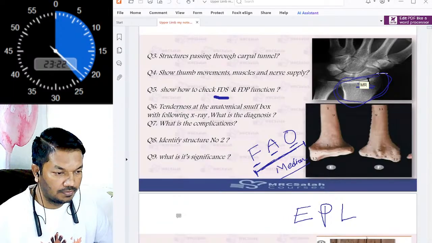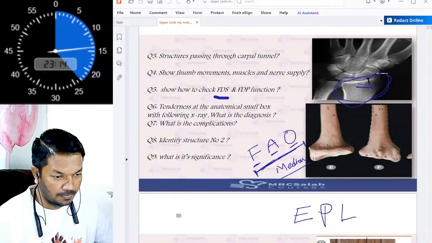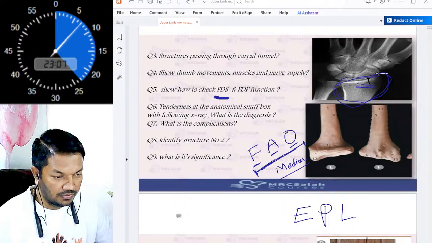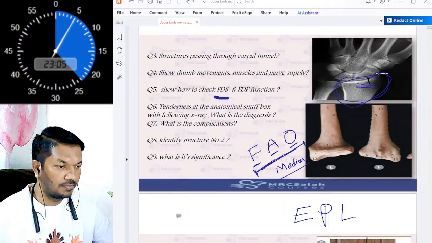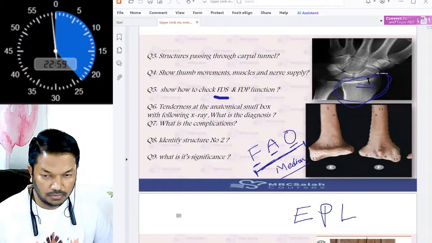The scaphoid bone fracture: complications are avascular necrosis, malunion, non-union, and delayed union.